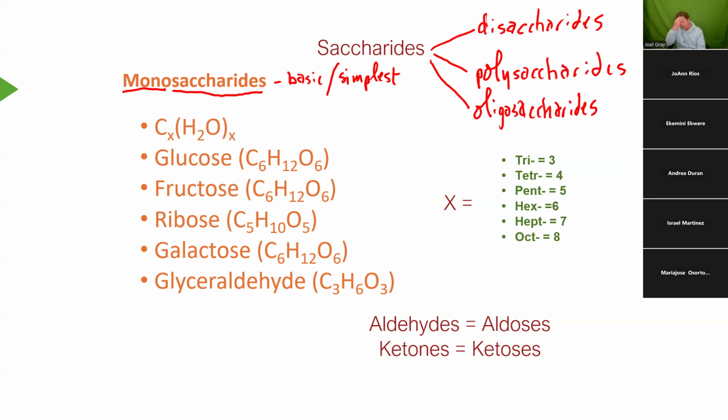Typically, whenever somebody is talking about a monosaccharide, they're talking about one of these molecules. One of them is maybe the most familiar one for most people, and that is none other than glucose. Glucose is what our body uses as a major fuel source.